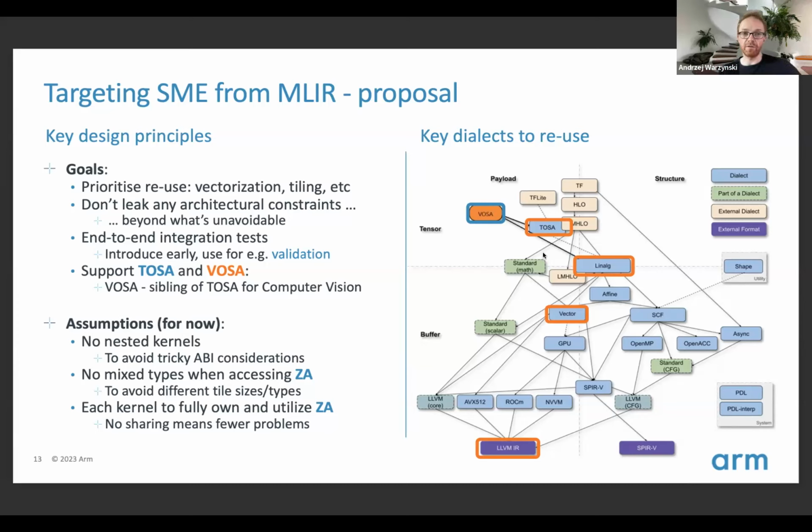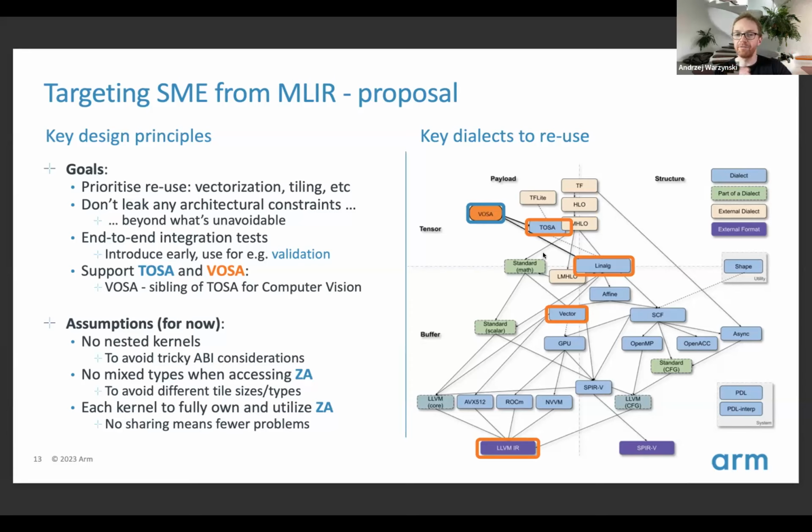I also highlighted TOSA, which I think will come as no surprise. But I also added VOSA, which is a new dialect that we are developing at Arm, which is a sibling of TOSA for computer vision. I'm hoping we will be making it available publicly soon-ish. But fundamentally, yes, we work on VOSA and TOSA dialects.